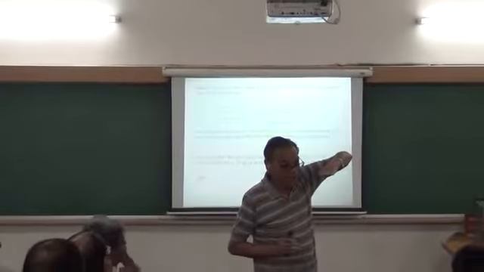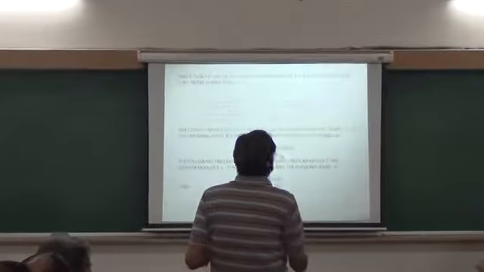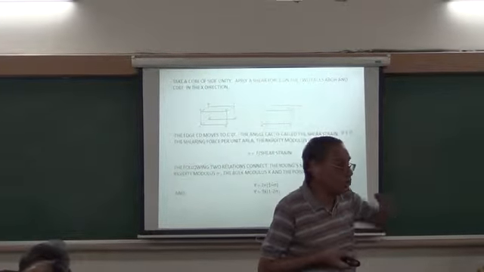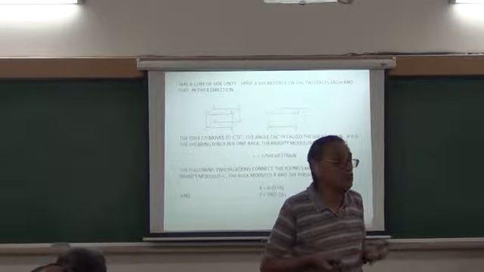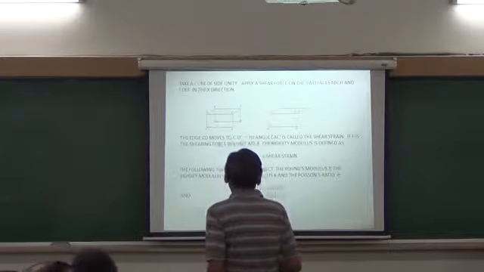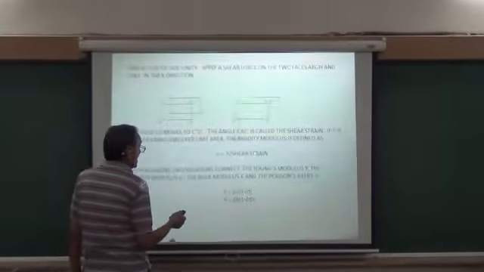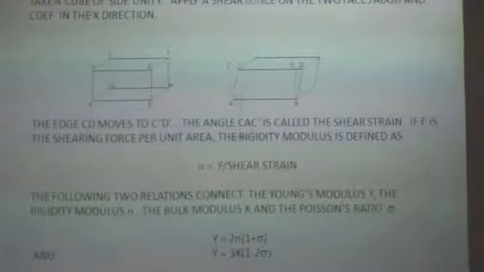Now you are applying a force on the area CDEF. So you find out what is the force divided by the area. That is called the shear stress. So the rigidity modulus is the shear stress divided by the shear strain. This is called the rigidity modulus.